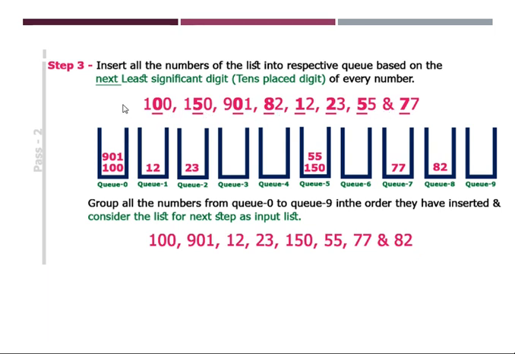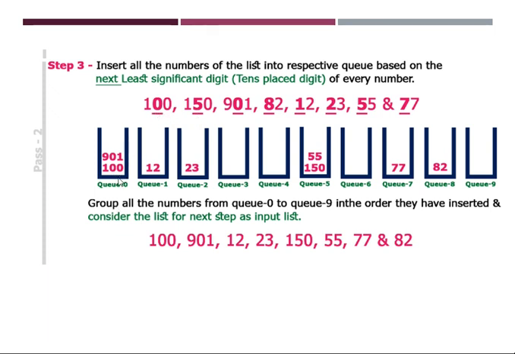Now in this step 3, we focus on the next least significant digit. As the largest number has 3 digits, we consider the middle digit, and we put these numbers according to these digits.